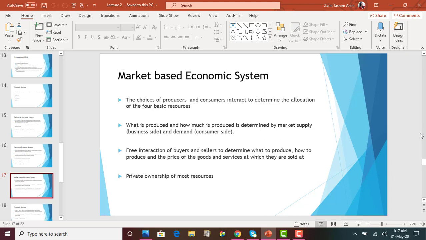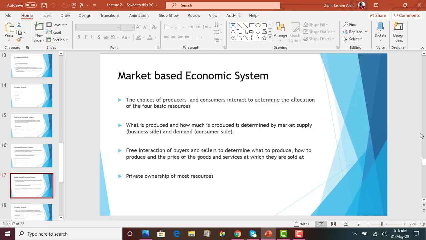So producers and consumers interact freely to determine the allocation of the 4 types of resources. What is produced and how much is produced is determined by supply and demand, and there is no artificial interference, and there is private ownership. Most of the resources are owned privately. Also, the entrepreneur is a unique resource under this type of economic system.